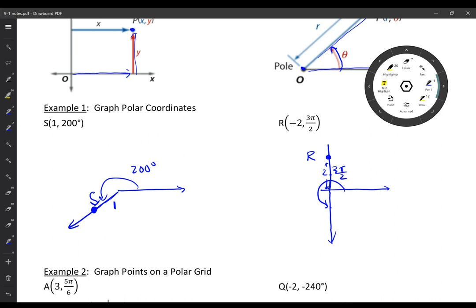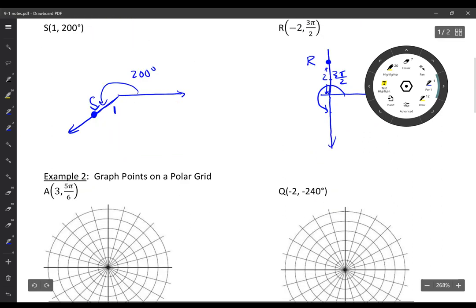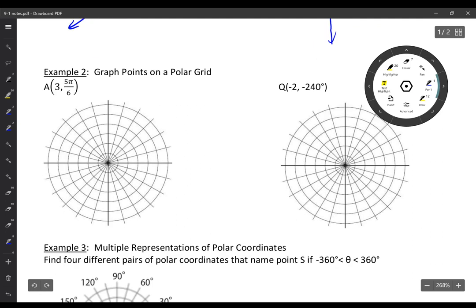All right, so next we're looking at graphing on an actual polar grid. And I do have some of this polar grid paper for you if you're in class. So first, noticing this is in radians, I'm going to go through and label. This is my 0. This is my pi over 2. Here's my pi. I know I want 5 pi over 6. So it looks like this is pi over 6, 2 pi over 6, 3 pi over 6, 4 pi over 6, 5 pi over 6.